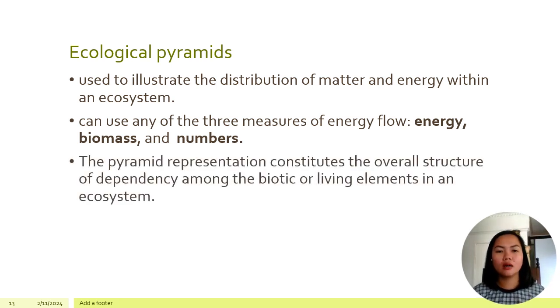So we can use any of the three measures of energy flow, which is the energy, the biomass, and the numbers represented in pyramids, so that we can actually picture out how energy and matter is being transferred from one organism to another, from one trophic level to higher levels in the trophic structure. Now, the pyramid representation constitutes the overall structure of dependency among the biotic and the living elements in an ecosystem.